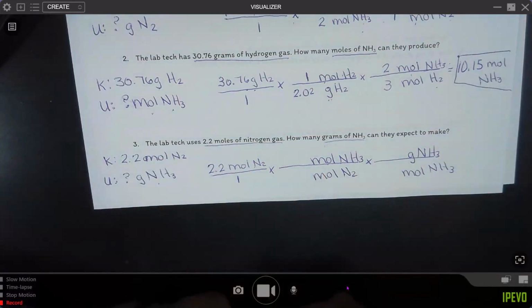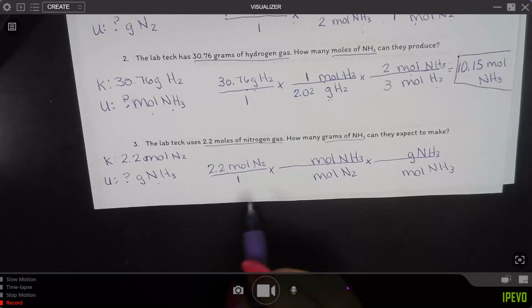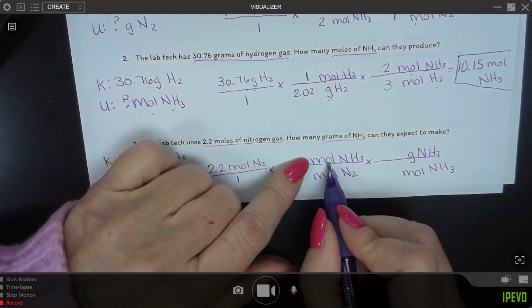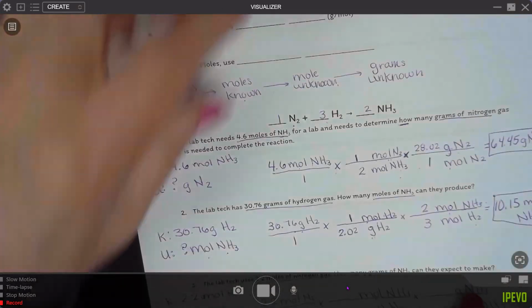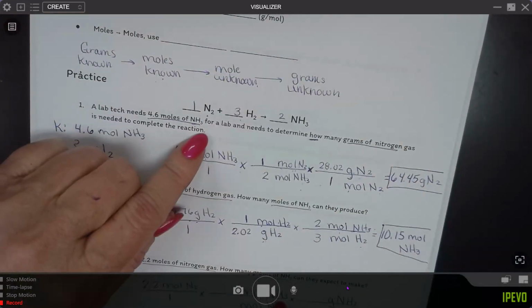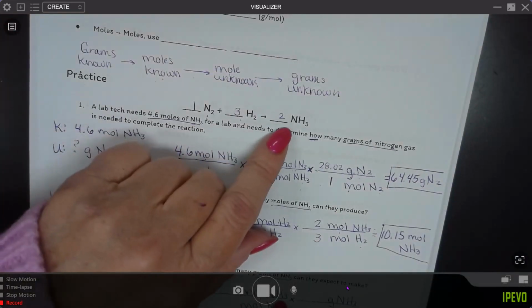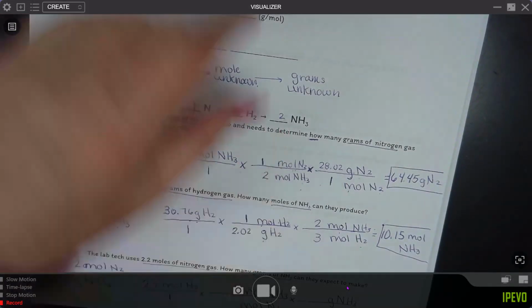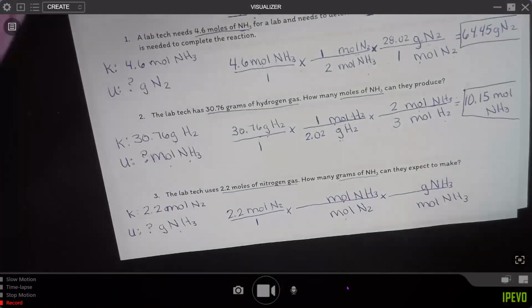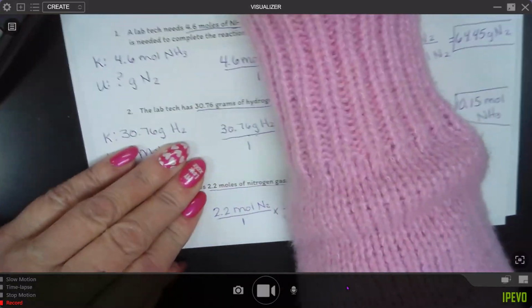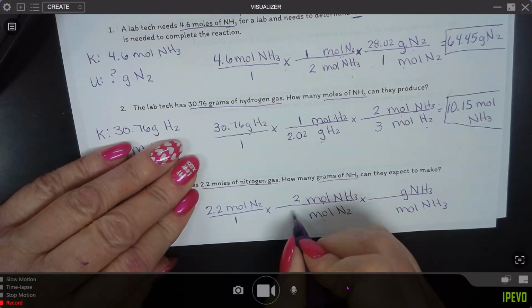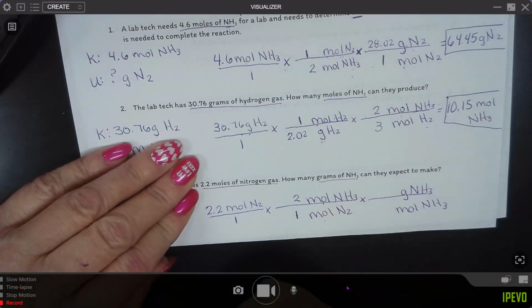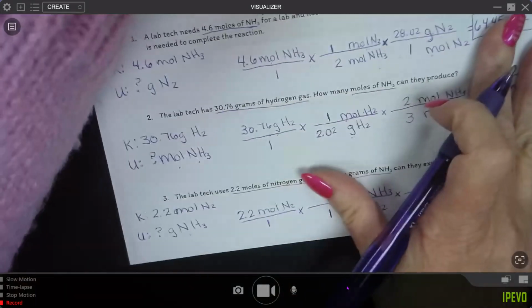All right, so now we need some numbers. So if I look, I've got moles of NH3 to moles of N2. So that's where I need my coefficients. So let's see. Moles of NH3 is going to be 2, and then moles of N2 is going to be 1, from the balanced chemical equation. Okay.